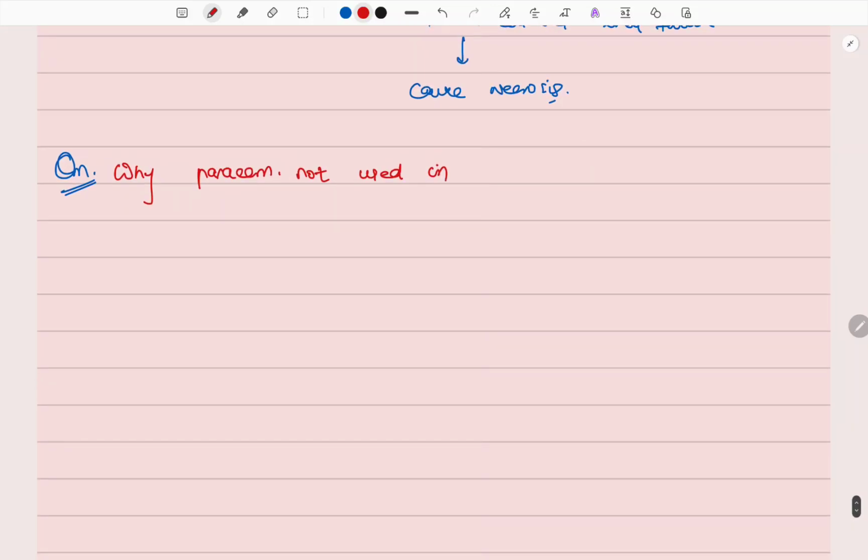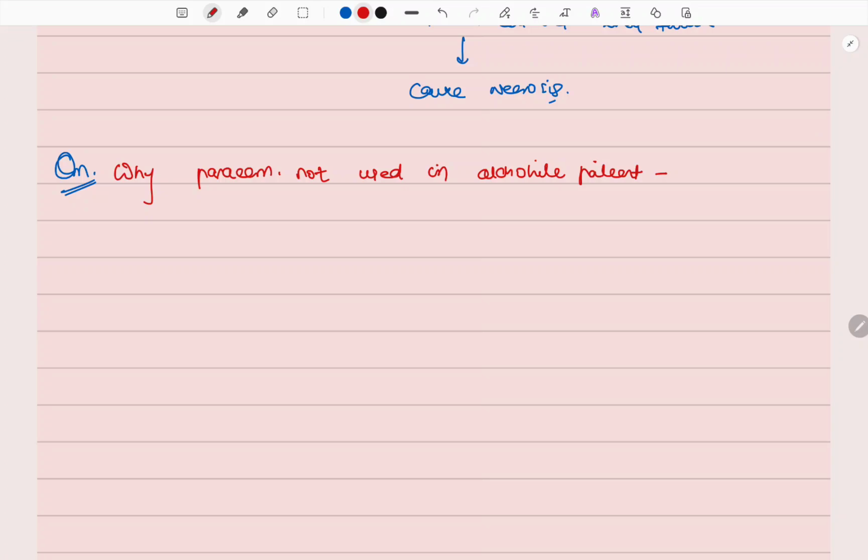A question is asked various times: why is paracetamol not used or not given in an alcoholic patient? Because in an alcoholic patient, even if they take 5 gram in one day, that can result in hepatotoxicity.